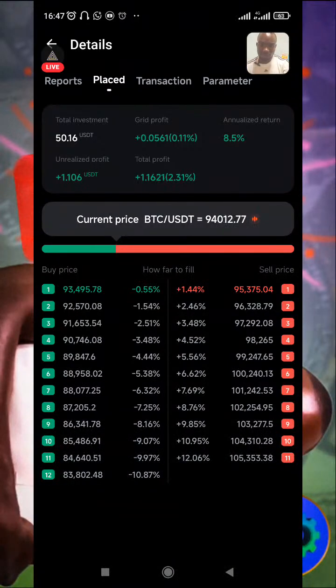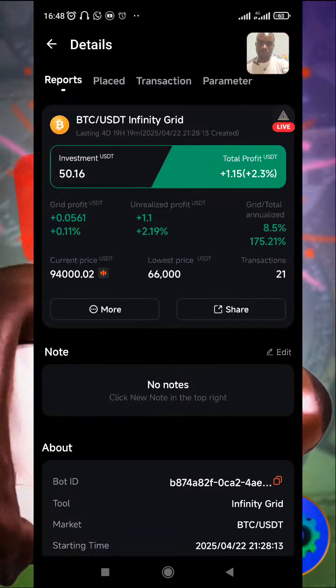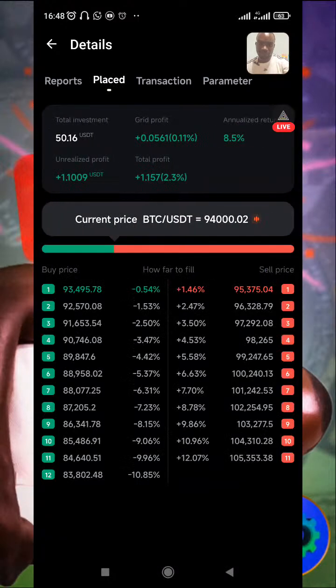Let me see where my lowest price was. So my lowest price was 66K, around 74K. So 66K, and now you can see these placed grids.